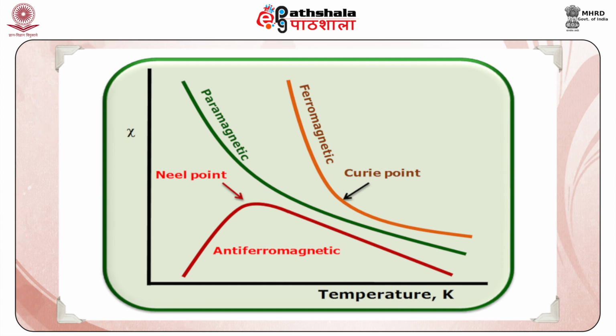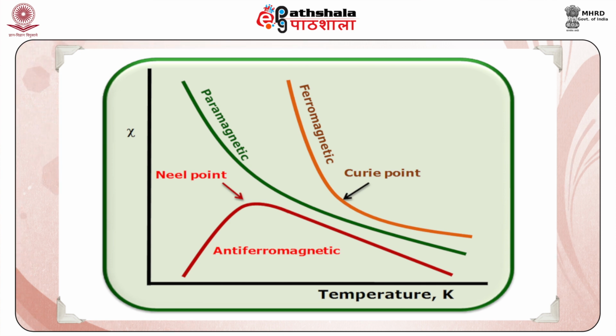Antiferromagnetic materials exhibit antiferromagnetism at a low temperature and become disordered above a certain temperature. The transition temperature is called the Néel point. Above the Néel point, the material is typically paramagnetic.